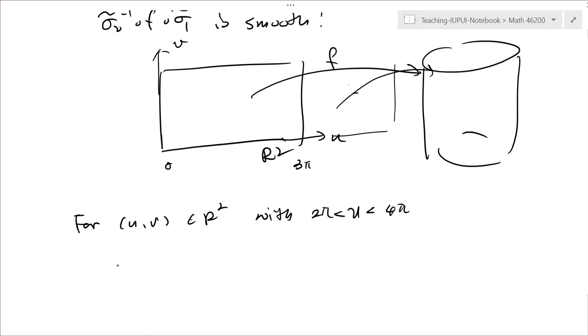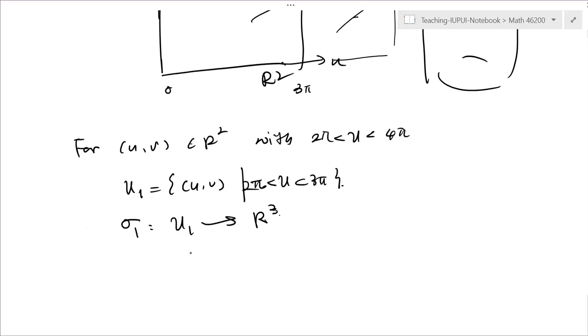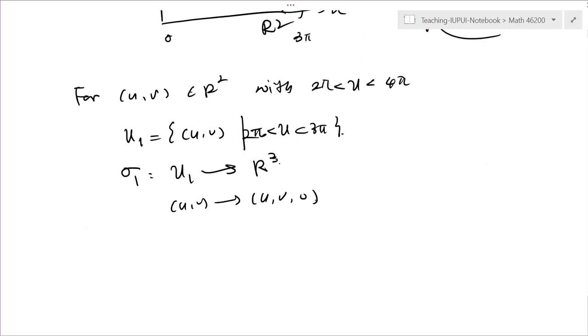So I'm going to cover that domain, okay? So let U1, U be between pi, 2 pi, and 3 pi, suppose, right? Okay, so sigma 1, U1, 2, 3. Right. So that is still UV 0, okay? And I'm going to still use sigma 2. Right.